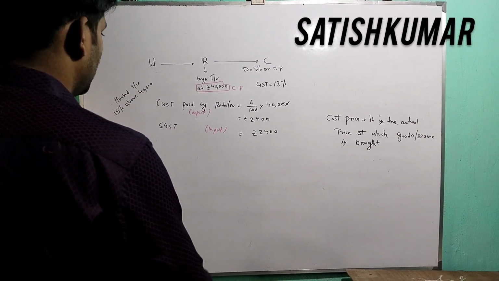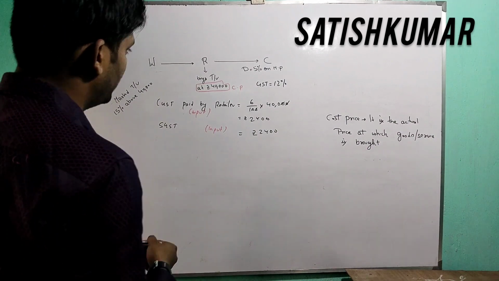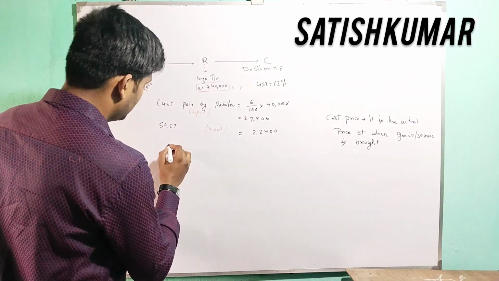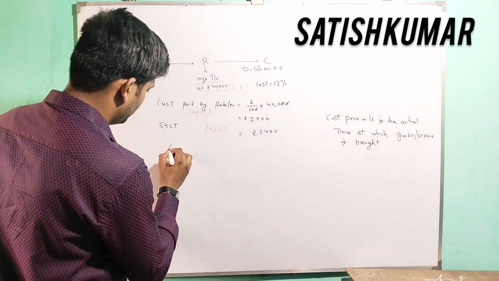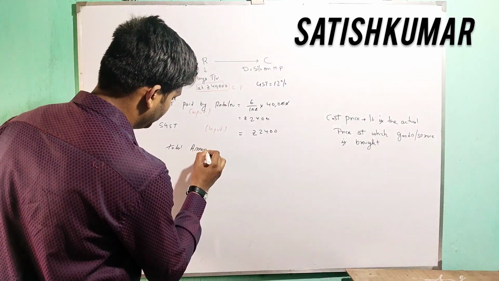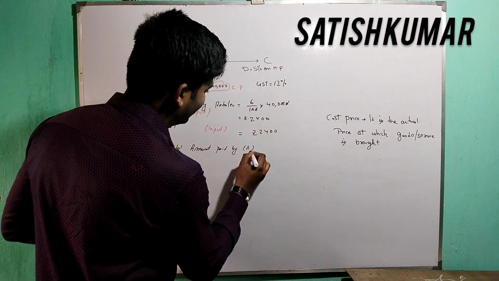Now after that, it's done. At what price did he get the goods at his house? Let us say the total amount paid by the retailer.